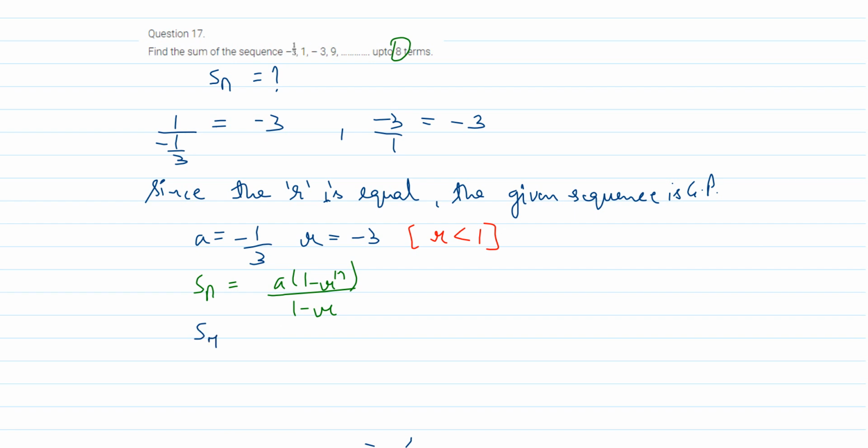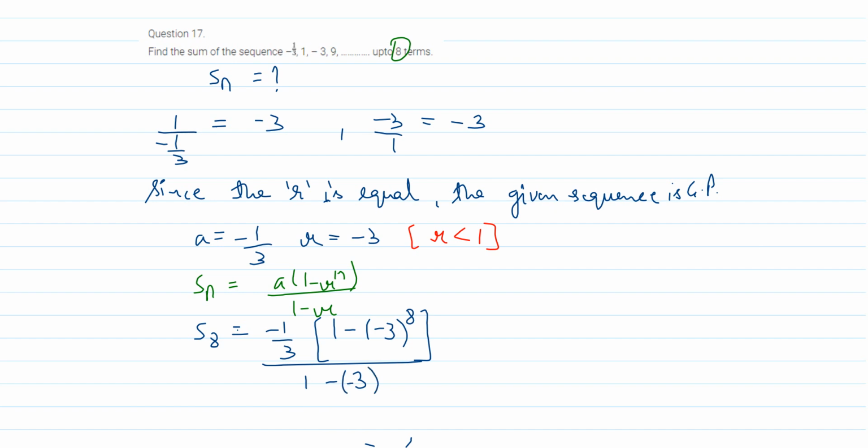S8. My a is equal to minus 1 upon 3, and I have 1 minus of minus 3 the whole raised to 8 upon 1 minus minus 3.